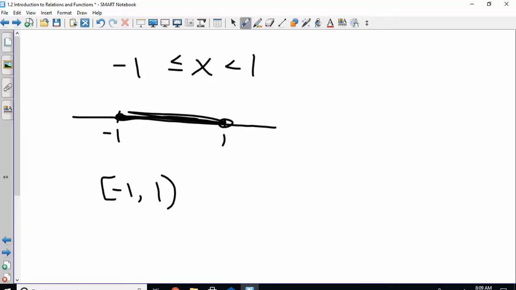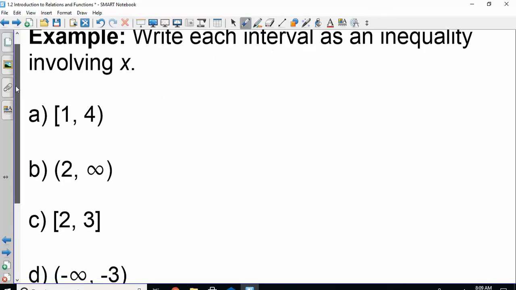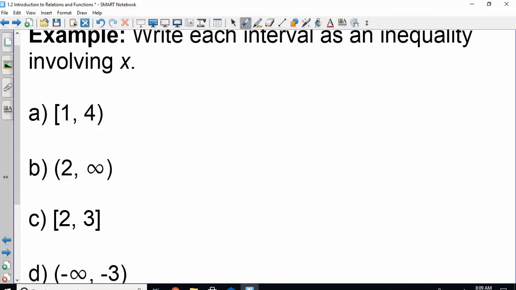Okay, so let's look. I've given some intervals, and I want to see if we can turn these into inequalities. I'm just making sure we can go back and forth between the two different notations. So this one, you don't have to draw a picture, but it can help. You can use open and closed circles on your number line, but in this class, since we're using interval notation, we're going to switch.